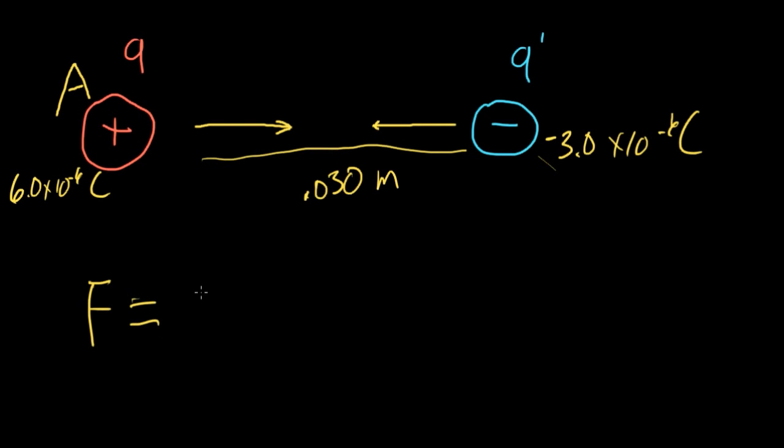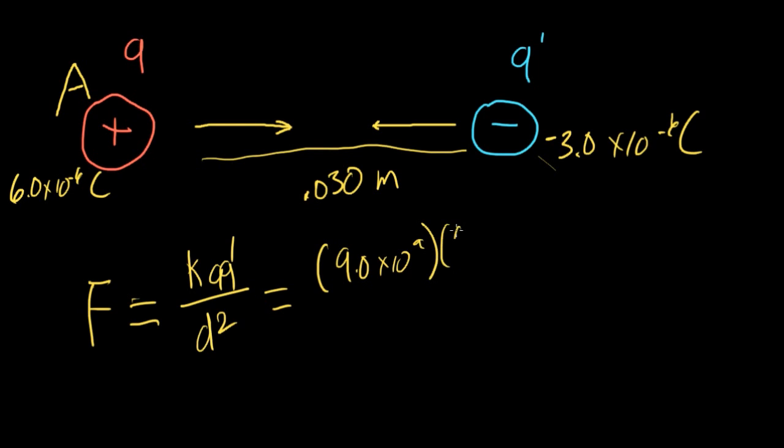So F equals K Q Q prime over D squared. We'll just plug in our K, which is 9.0 times 10 to the 9th. Our Q is 6.0 times 10 to the negative 6th.